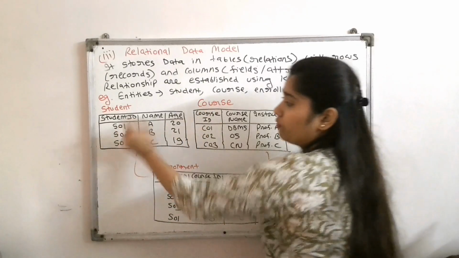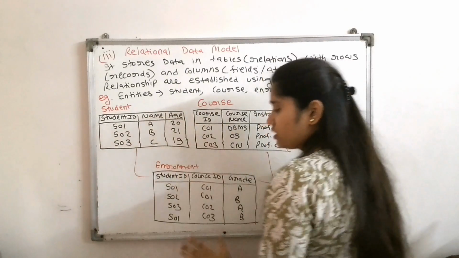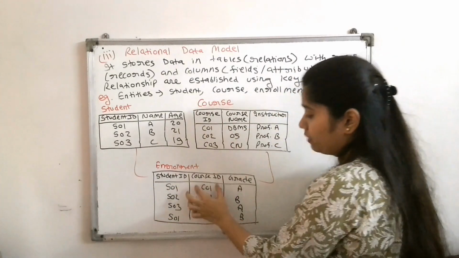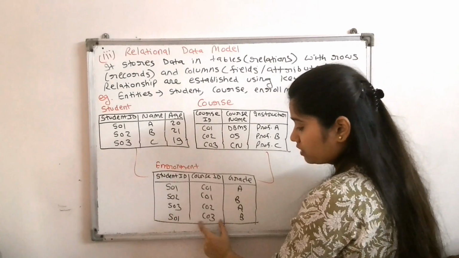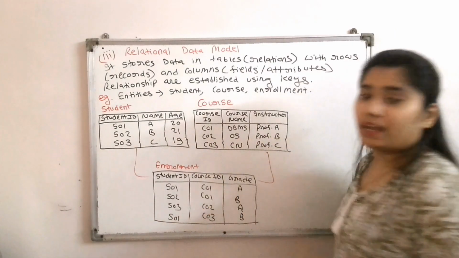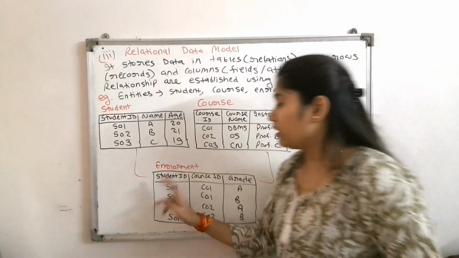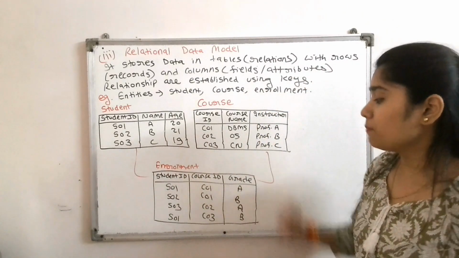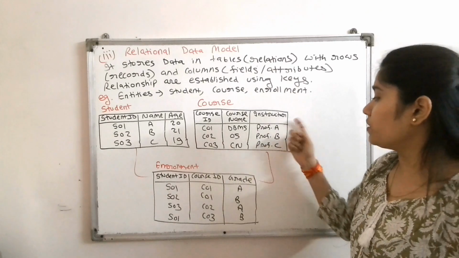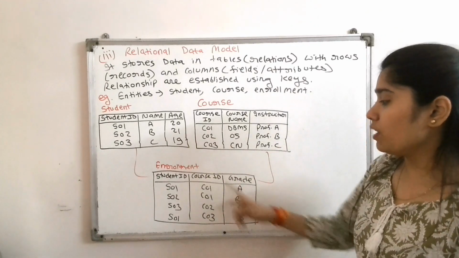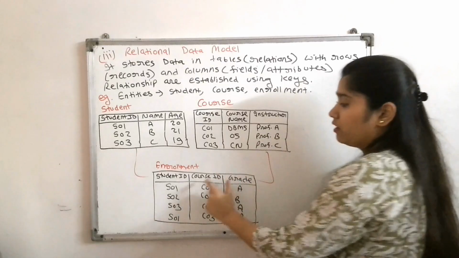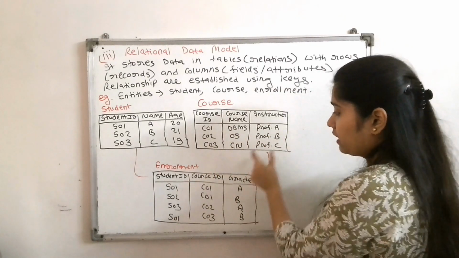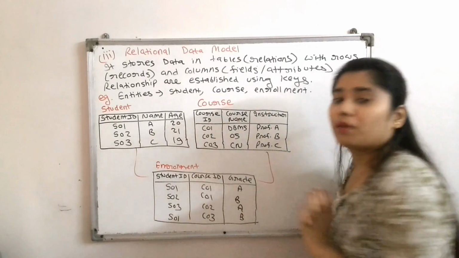So student S01 has enrolled in DBMS, and also C03, which is CN. So the student with ID S01 has enrolled in two courses, DBMS and CN, taught by Professor A and Professor C. In DBMS he got the grade A, and in CN he got the grade B.